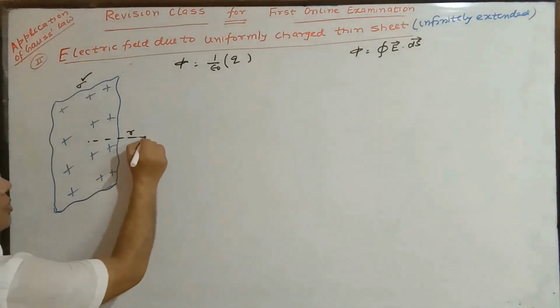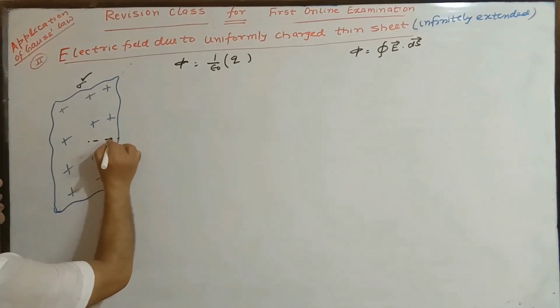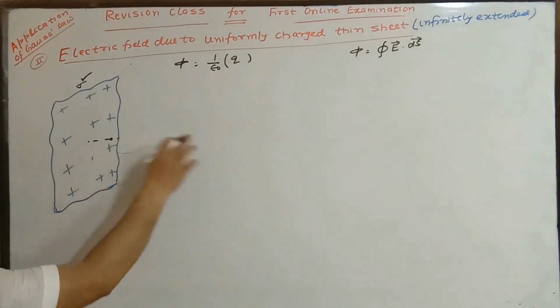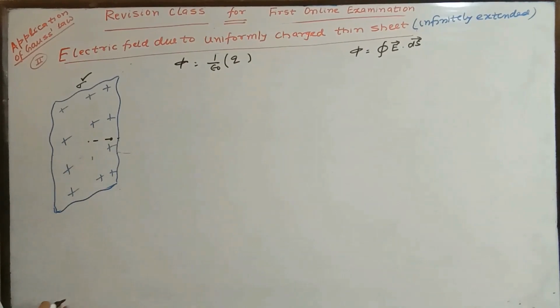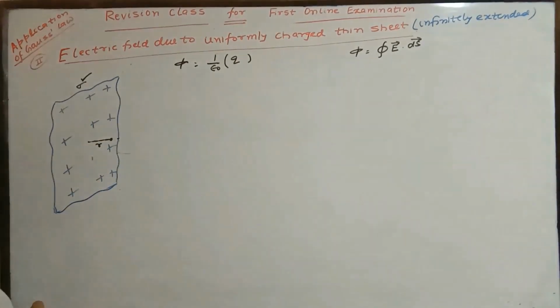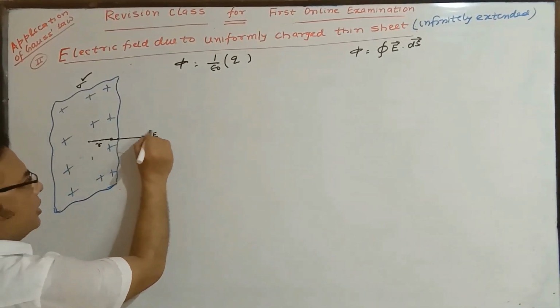This is the observation point P, very near the surface. In the same way as the linearly charged wire, here also the field is always perpendicular to the surface. At this point, at distance r, the electric field will be in this direction, say this is E.